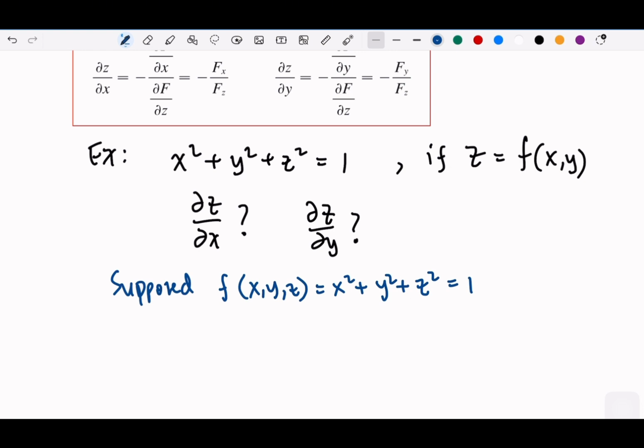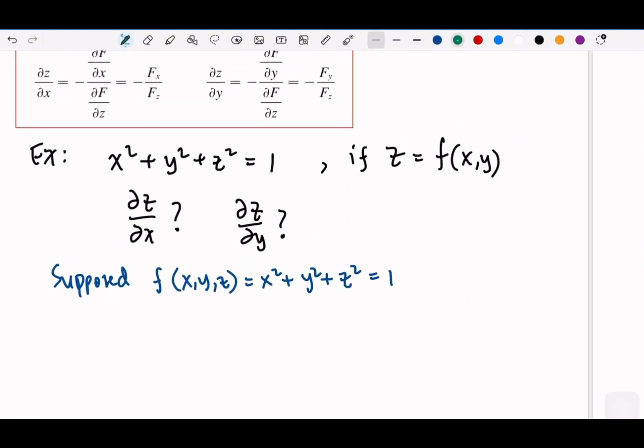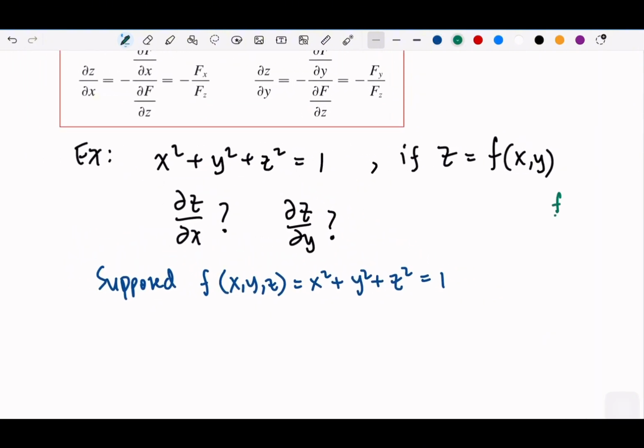So we can start to write the diagram if you would like to see the diagram first. The diagram is f, x, y, z, and z is x and y. So this is the diagram. So we can start to write dou z dou x.